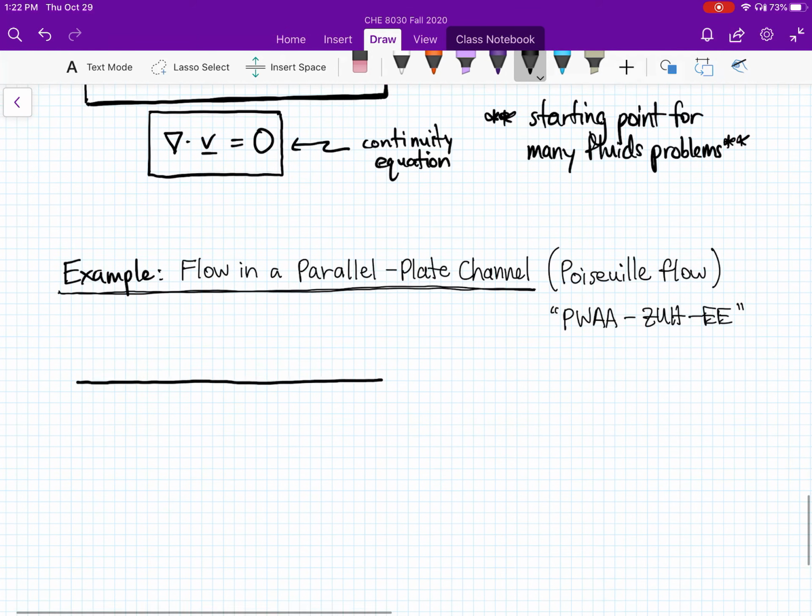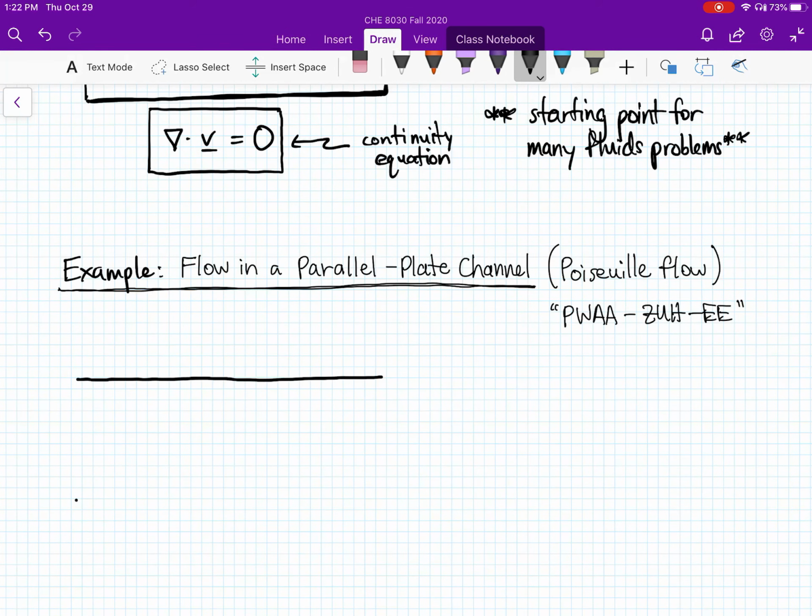In this particular flow, we have two parallel plates. The distance between those two plates is 2h. We're going to assume that those two plates are stationary.